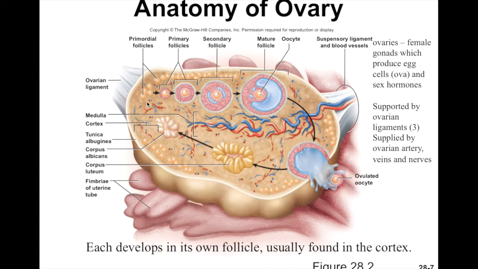Every month, on average one, sometimes two, you get twins sometimes, but on average every month one of these primordial follicles will be selected to develop and ovulate. So they first turn into primary follicles, secondary follicles, and then a mature follicle with an oocyte in the center. Oocyte is the scientific term that we use for an unfertilized egg.